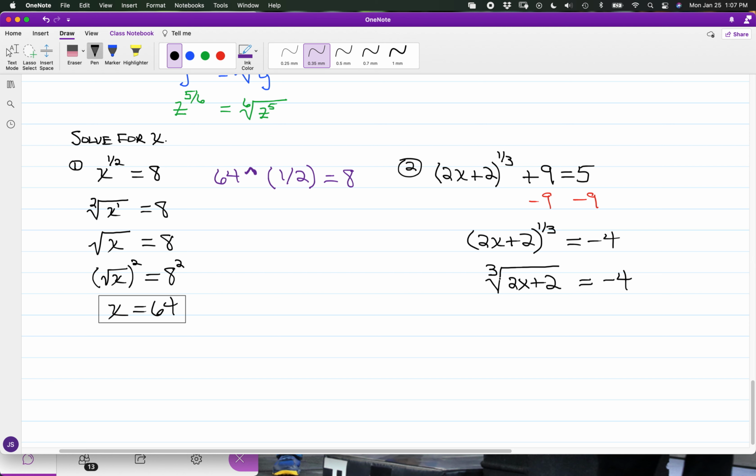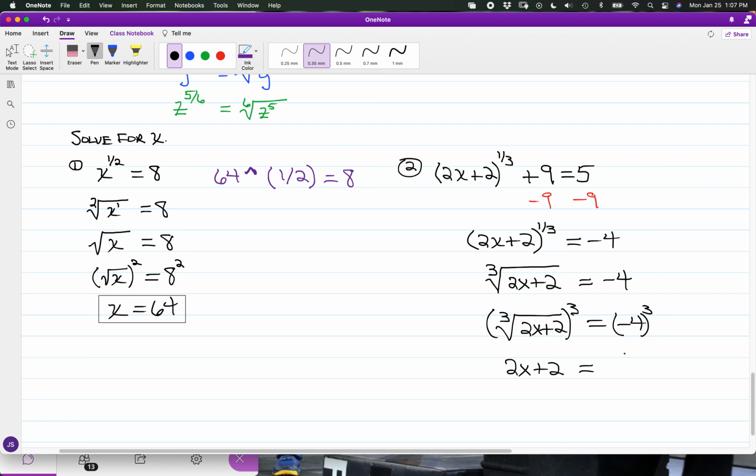So I can proceed. I have the cubic root of 2x plus 2 equals negative 4, and I raise both sides to the third power. On the left-hand side, the third power and cubic root cancel each other, so I get 2x plus 2.